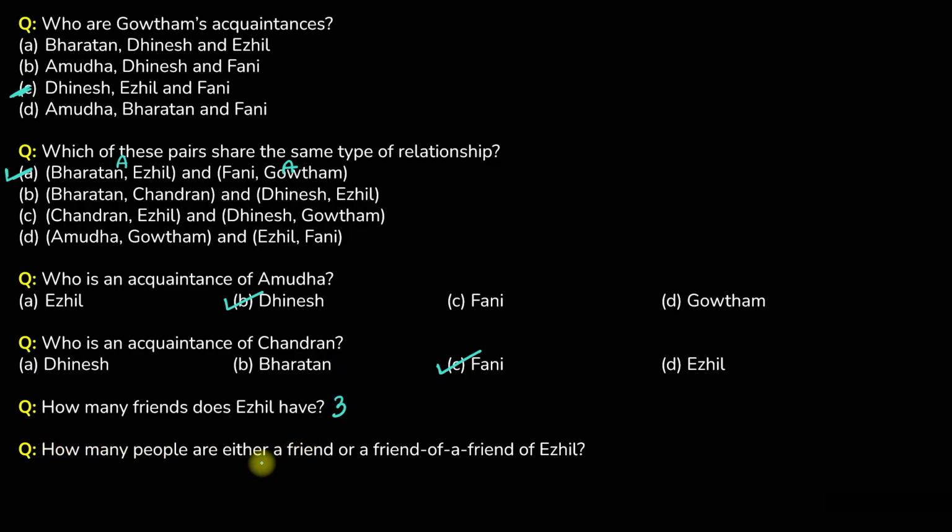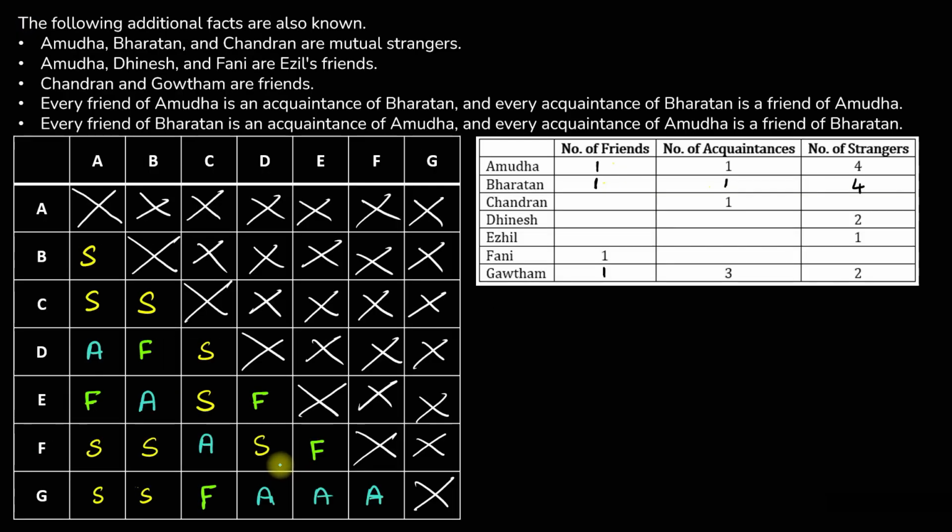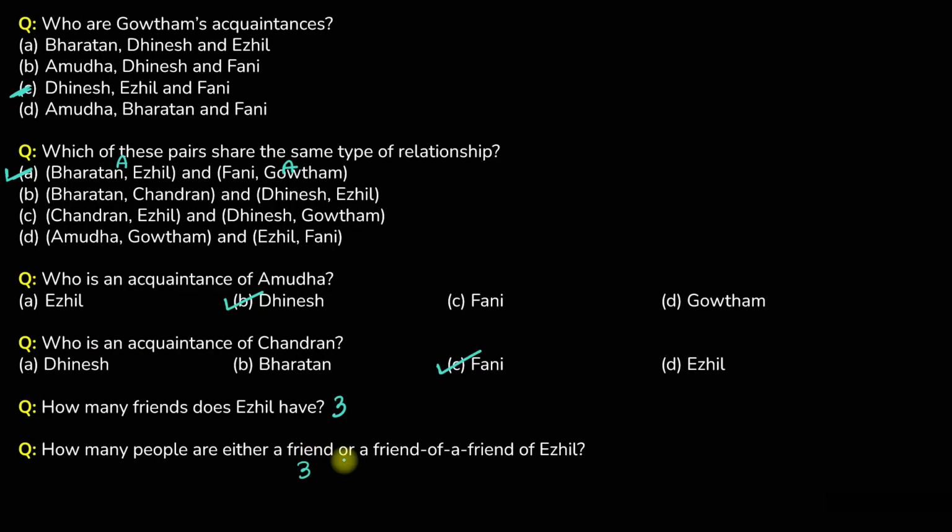And last question, how many people are either a friend or a friend of a friend of Azil? Okay. So we know direct friends of Azil are 3. And who are these 3 friends for Azil? It's A, D and E. So these 3 people are A, D and E. So these 3 are friends of Azil.